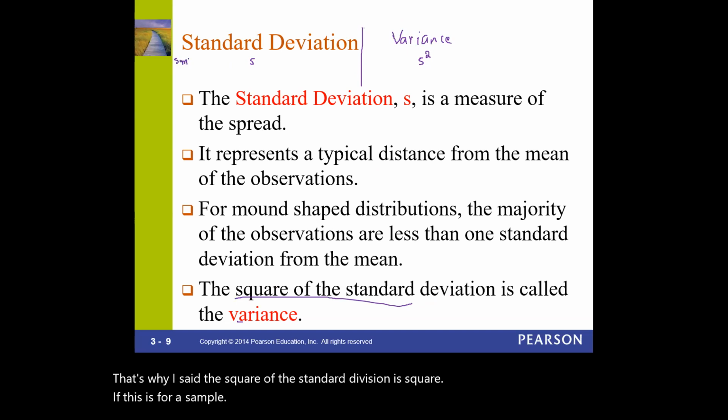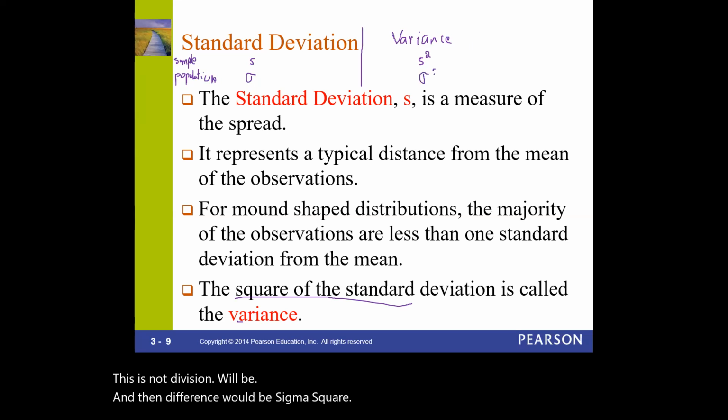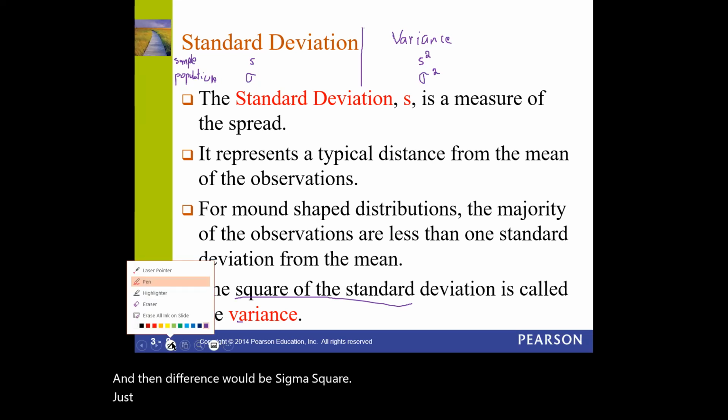Just in case you talk about it in the future, if you have a population, the standard deviation will be sigma, and then the variance will be sigma squared. Just something to remember.